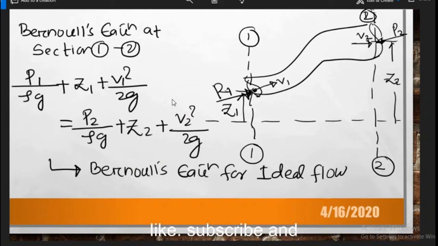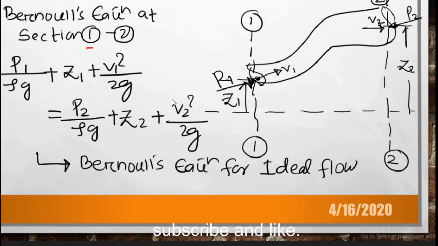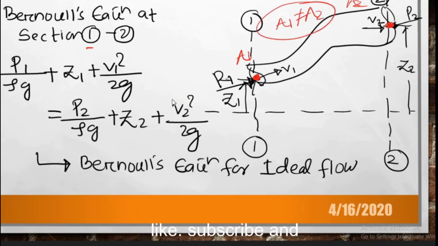So now if I want to write the Bernoulli equation at various sections 1 and 2, suppose this is my section 1 and this is my section 2. I already told you, at this section the cross sectional area is, suppose, A1 and there is A2, and the cross sectional area A1 is not equal to A2. So if A1 is not equal to A2, the velocity at these two sections will also not be equal.